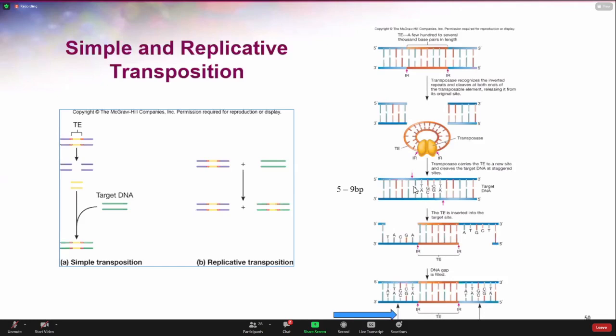And so notice it's again, ATGCT on one strand, 5' to 3', and AGCAT on the second strand, going in the opposite direction, so quite similar. And when the transposable element goes in, it basically makes a staggered cut. The transposase makes a staggered cut, generating sticky ends, and then it kind of plops itself in the middle of those staggered ends.